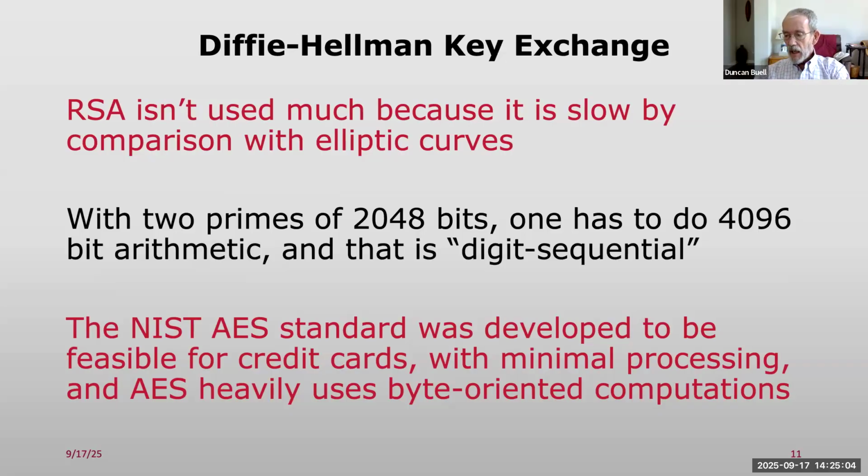And if you look at the algorithm that was chosen, AES heavily uses byte-oriented computations with lookup tables in matrices, and the chips that you have in credit cards that you manufacture by the tens of thousands are cheap and easy to use. And if you're only doing byte arithmetic, it's fast.